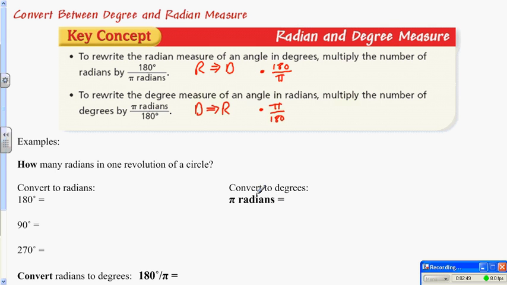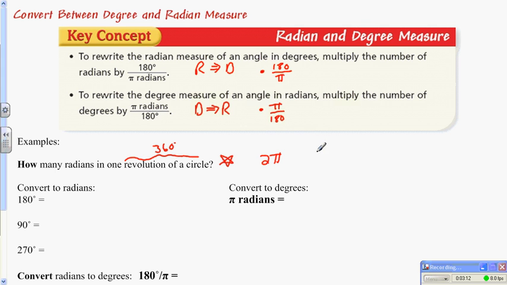Now let's do some example conversions. We've already talked about this one right here. How many radians in one revolution of a circle? One revolution, of course, meaning 360 degrees. Well, we found that out on the previous screen. That is 2 pi. Now, how do we get that by work?